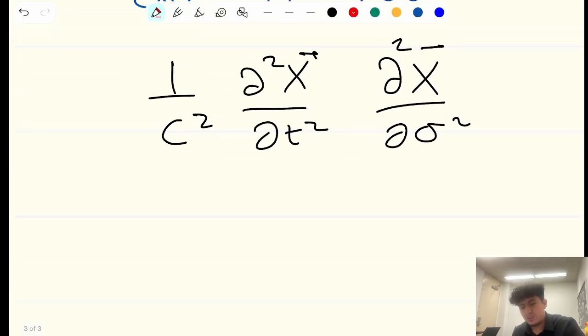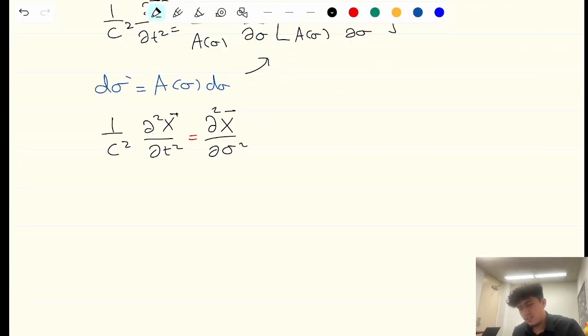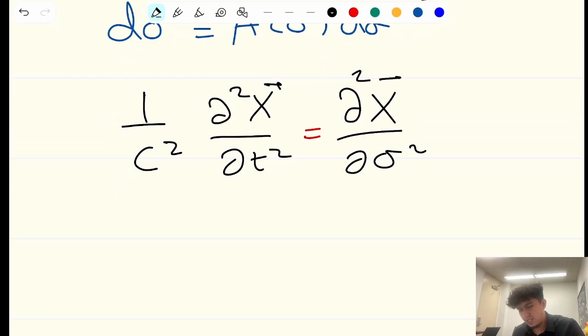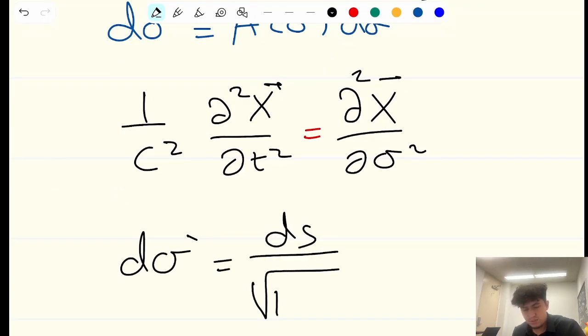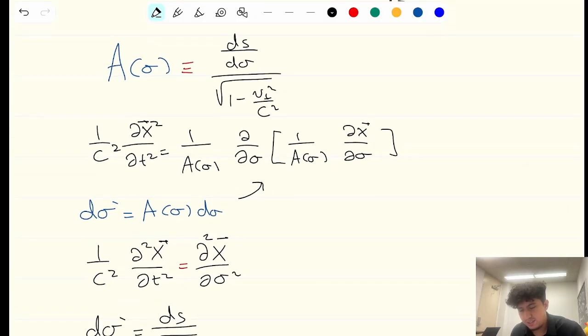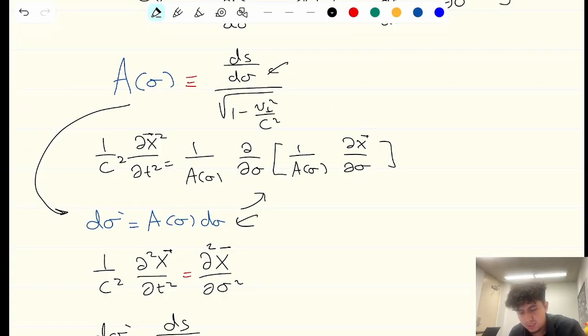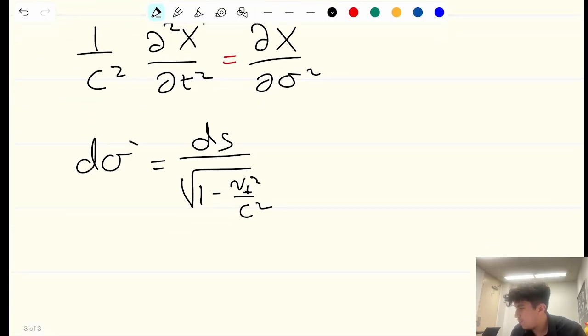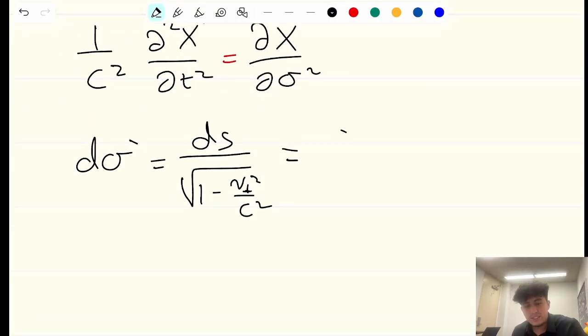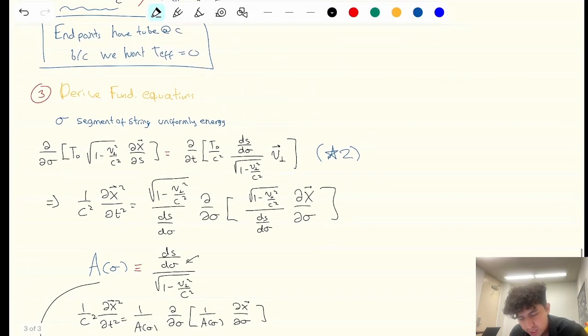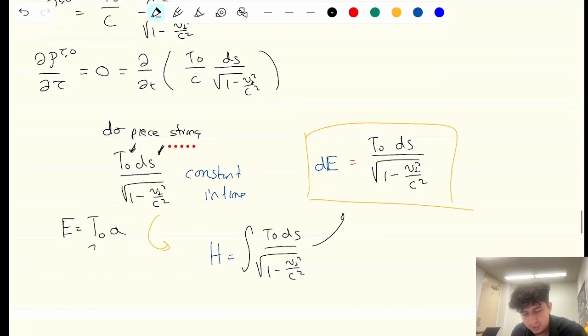And cool. So if we see the parametrization, then this sigma prime is just going to be equal to ds over the square root of 1 minus v transverse squared over c squared. Why? Because just replace this thing here, and you're going to see that this d sigma simplifies with this d sigma. And if you remember, this is the same as the energy, this whole term, but we have to divide it by T0 because we had our definition of energy here.